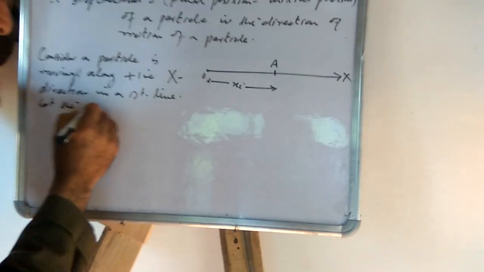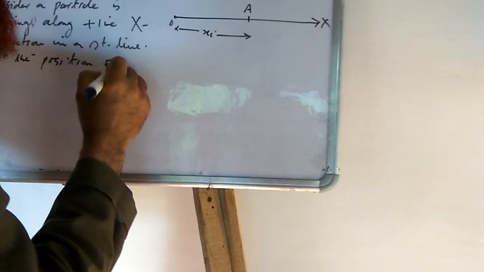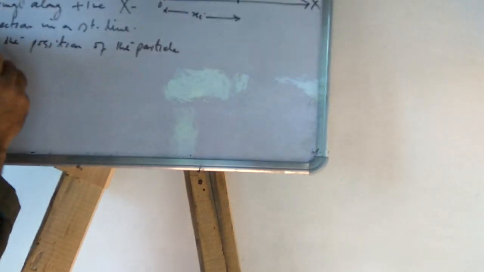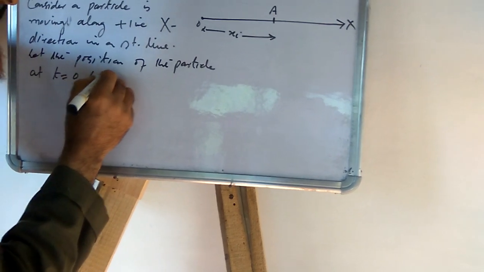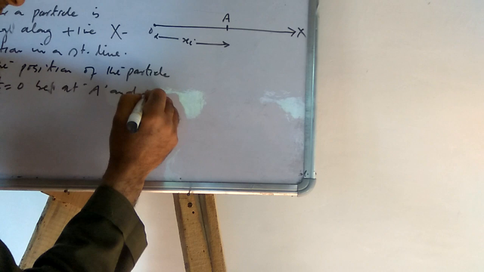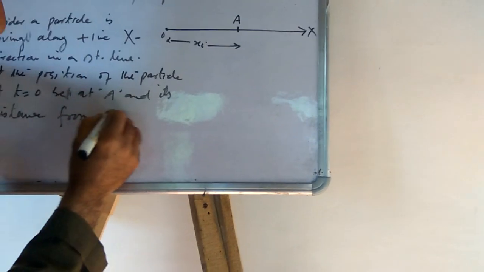Let the position of the particle at t equals 0 be at A and its distance from O is xi.